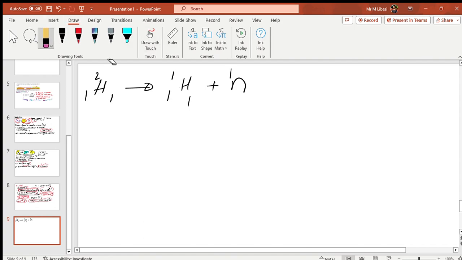Oh, you say in this age I should cancel here. Yeah, we are separating the proton and the neutron. Yes.